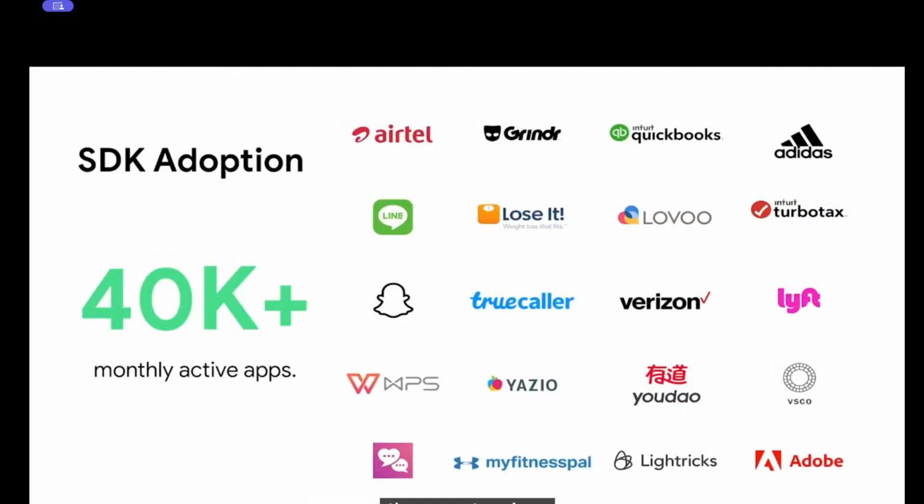MLKit APIs are in Kotlin and Java for Android, Swift and Objective-C for iOS, with documentation and sample code for them all. I'm excited to announce that MLKit has more than 40,000 monthly active apps, including many top brands.